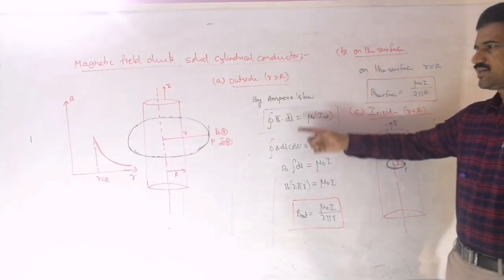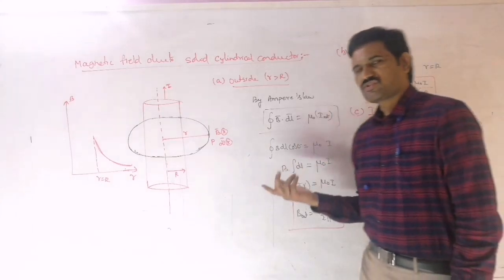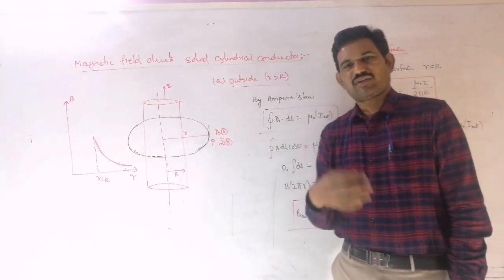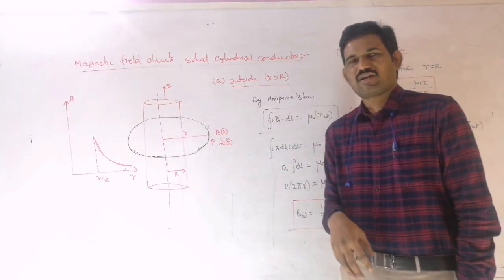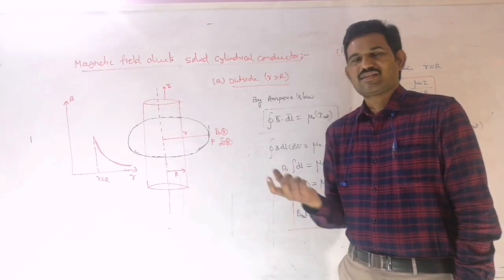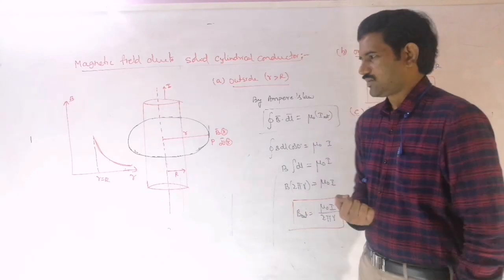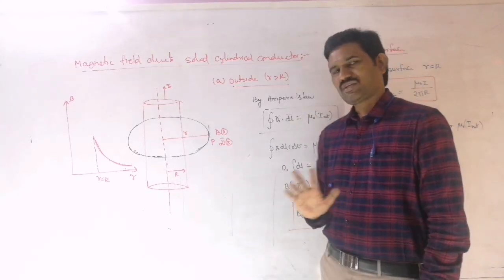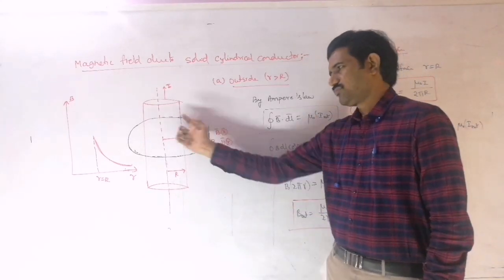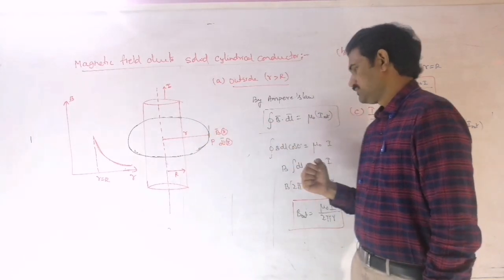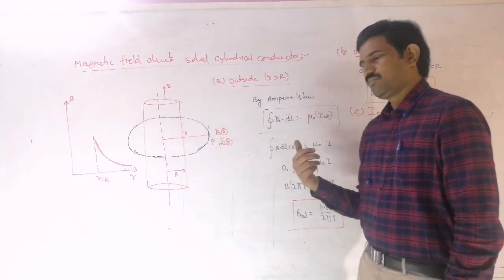So that means if you are taking an outside point, then the situation will be the same as I said. For an external point, just by standing outside, you can't conclude whether the conductor is a solid conductor or a hollow conductor. So even for a general derivation, we need to take an Amperian loop like this. Then B bar and dl bar will be the same.